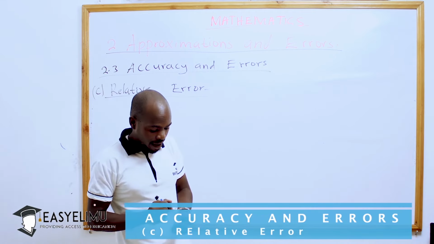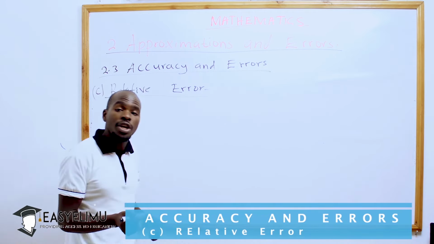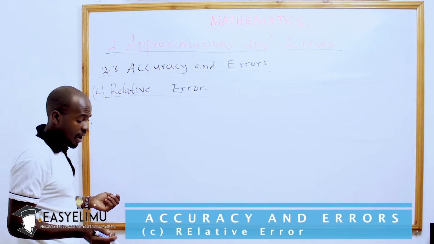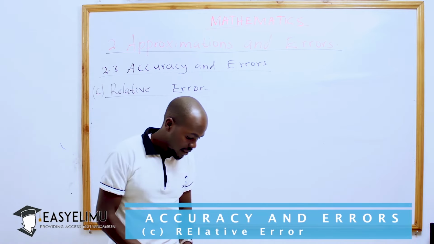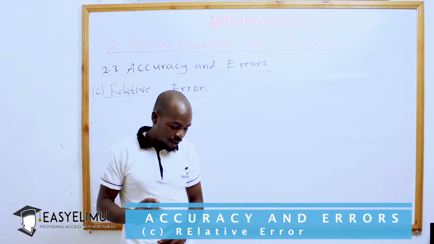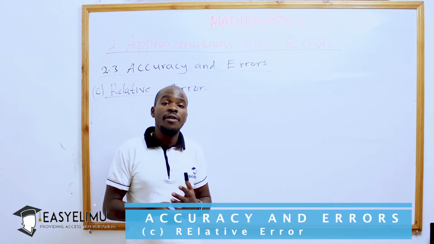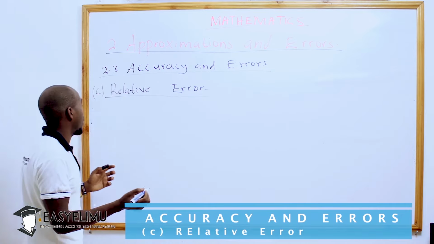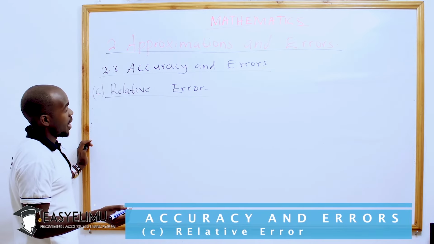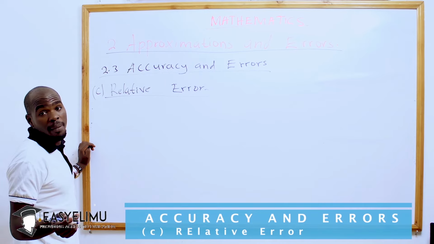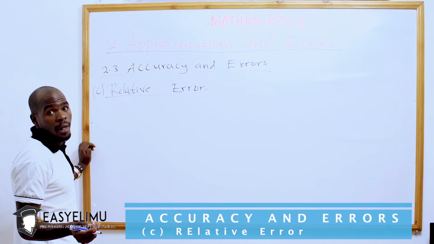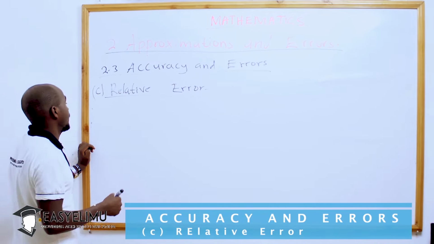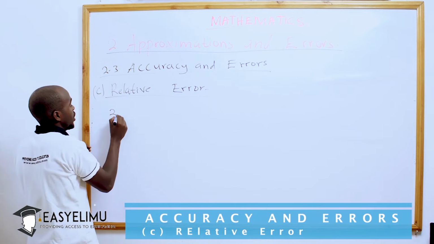In relative error, what we are going to consider here is the absolute error. In this case of measuring masses, for example, we may have different kinds of masses. Let's take, for example, the mass of a hen. Let's say it's 2 kg.